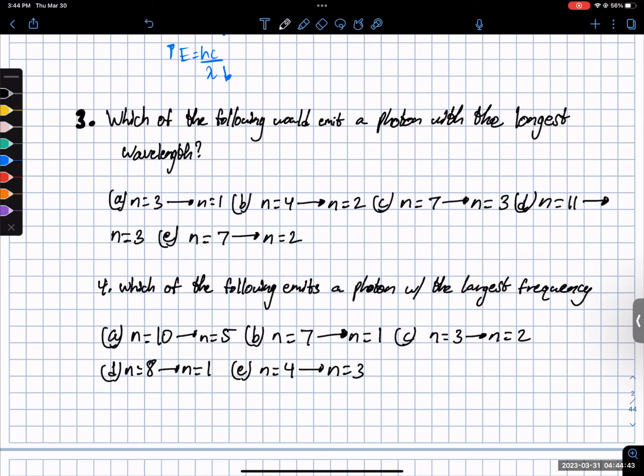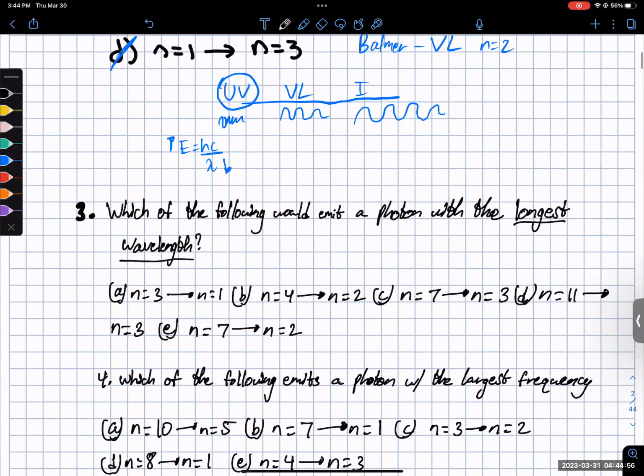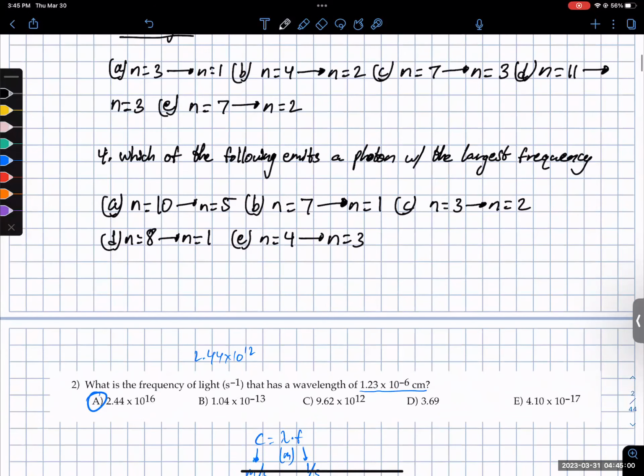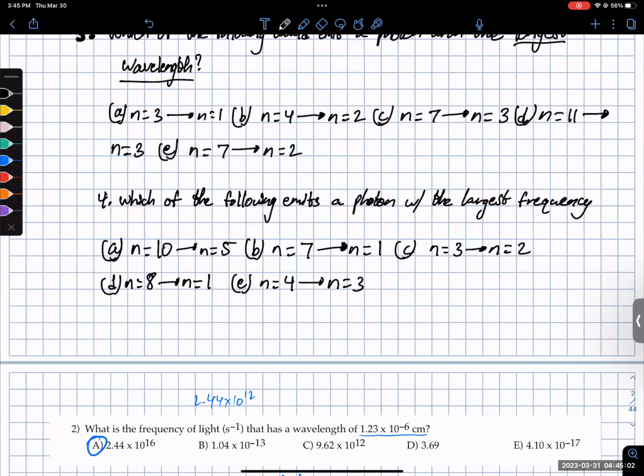So first thing I do is get the problem into terms I can understand. Which of the following can emit a photon with the longest wavelength? So let's put that in terms of energy. Longest wavelength. Does that mean lower energy or higher energy? Lower energy, yeah. So long wavelength, lower energy.